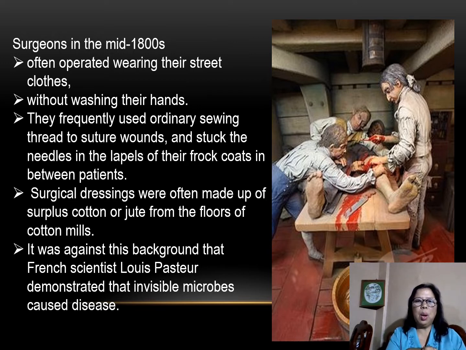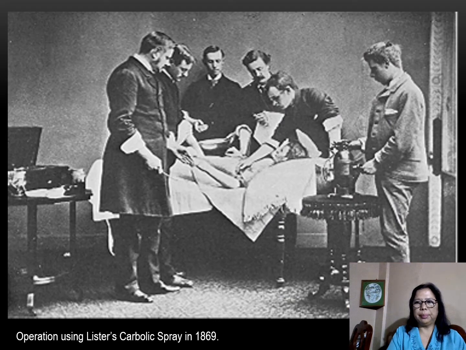Surgical dressings were often made up of surplus cotton or jute from the floors of the cotton mills. This is the reason that Louis Pasteur and other scientists worked on the possible occurrence of microbes that could further worsen the disease.